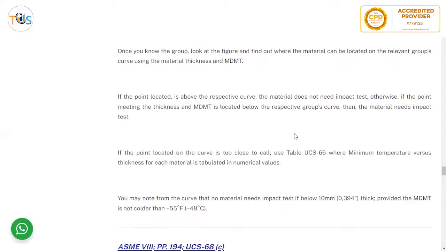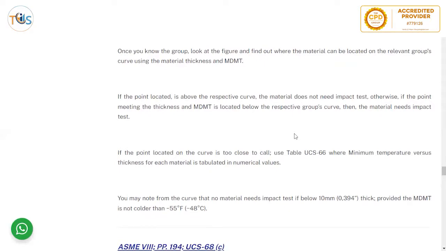So if it is above the curve on that group, there are four curves for A, B, C and D each. And if it's above the curve, you don't need an impact test. If it's below the curve, you need an impact test. Now, if it is a border case, you can't find it quickly, then you should go to the table where the numbers are.